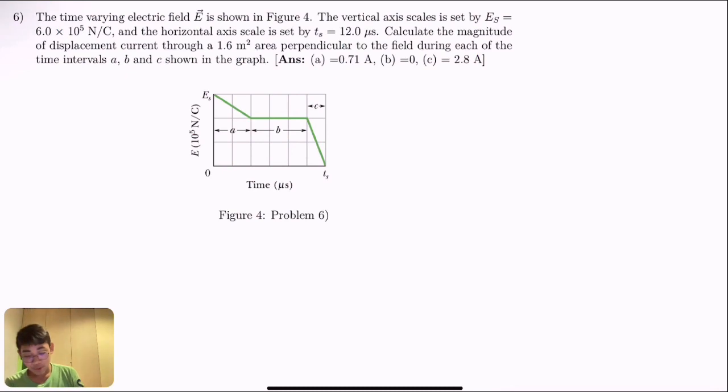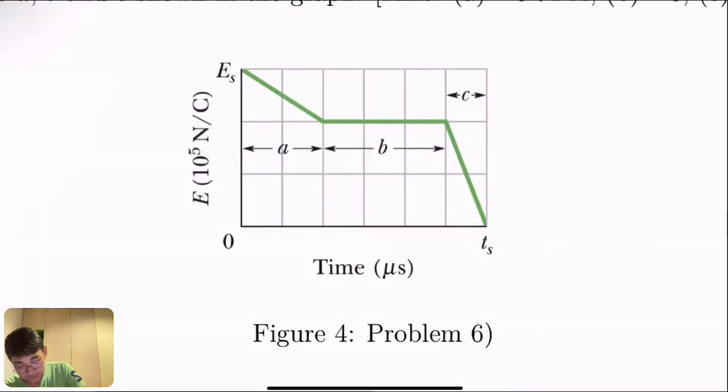Okay, let's move on to number 6. It says the time varying electric field E is shown in figure 4. So it's this picture. The vertical axis scale is set by Es equal to 6.0 times 10 to the power of 5, so we can label this one 6, this one 4 and 2.